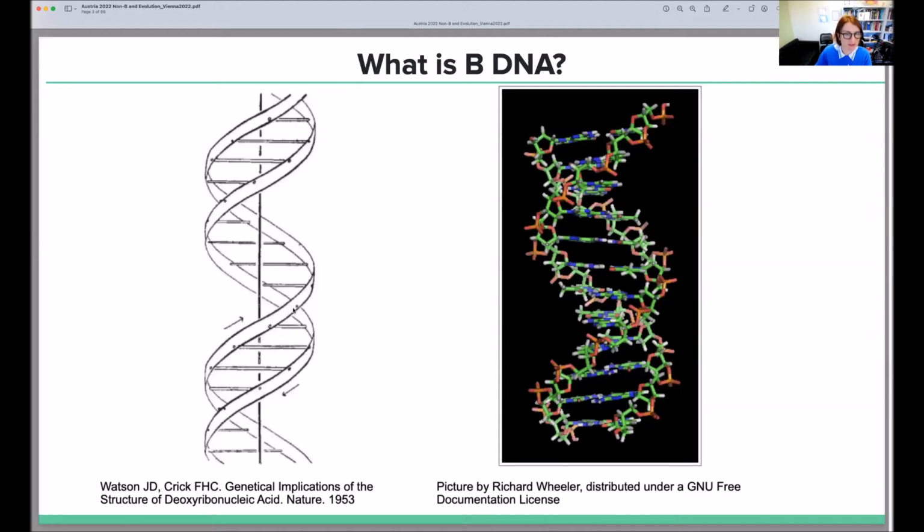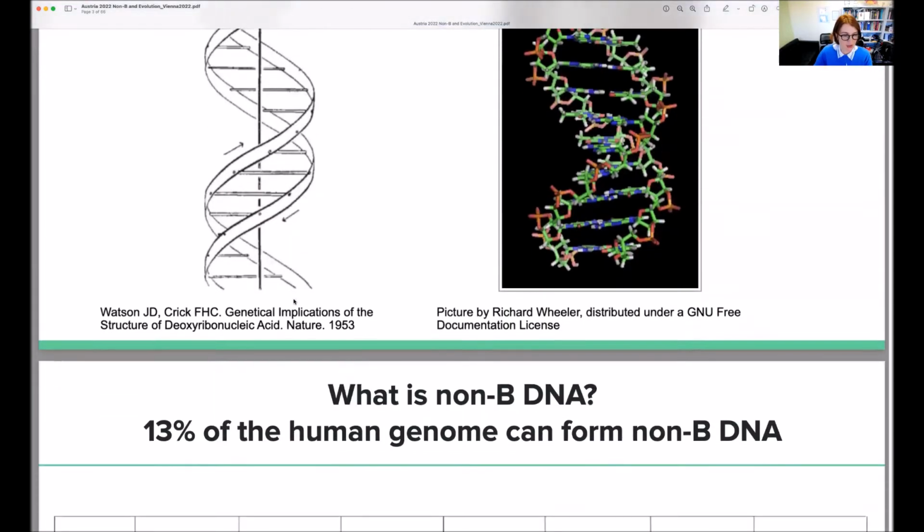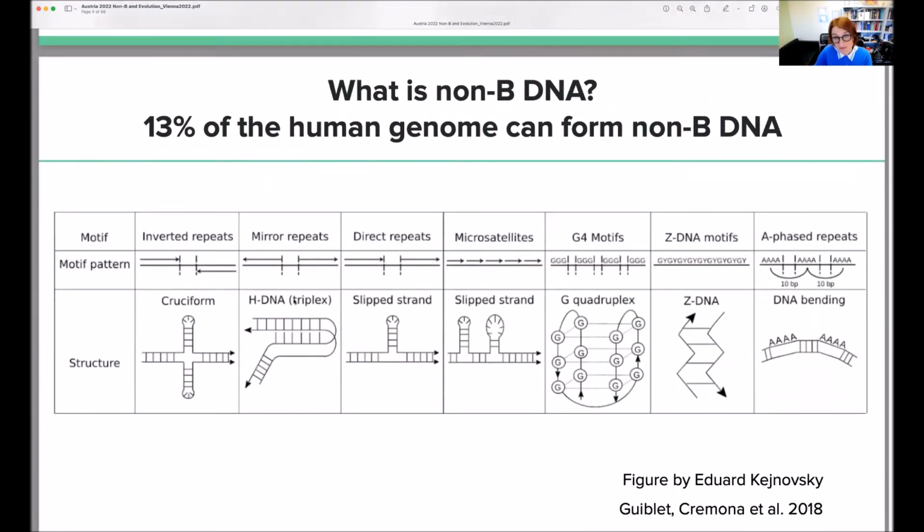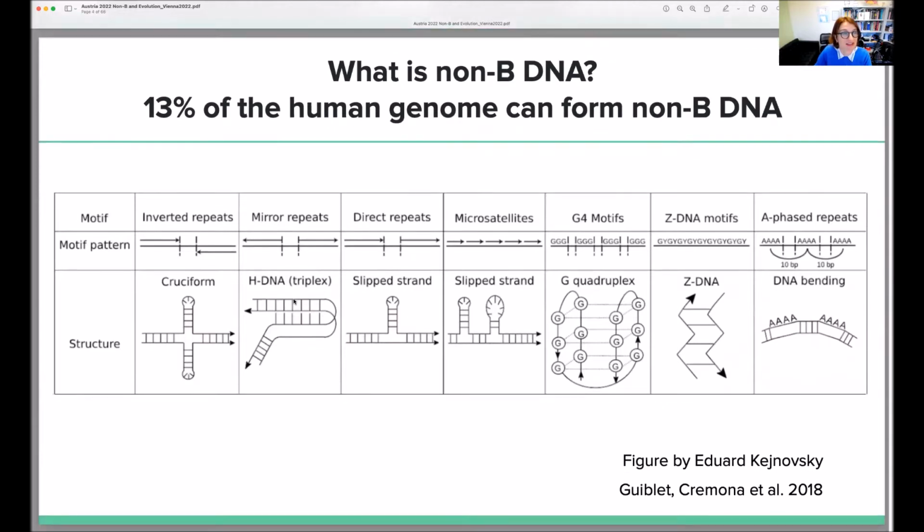It's called B-DNA because some other conformations were also discovered, like A-DNA, depending on the presence of salt in the solution.